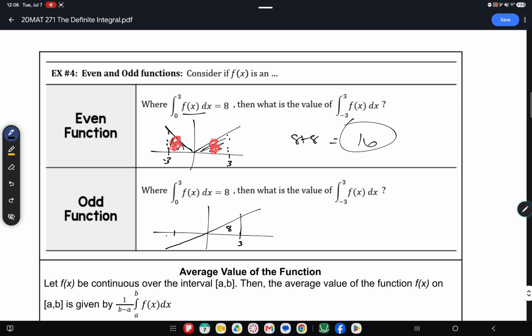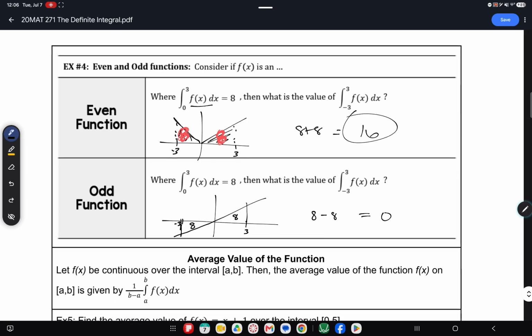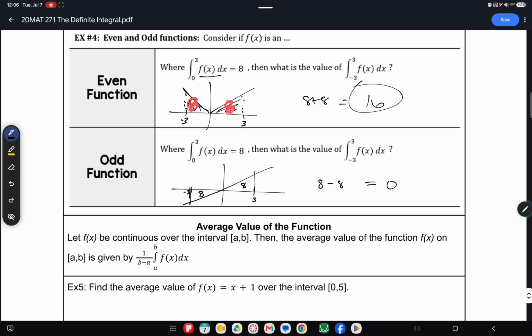And if I go the same distance this way, to -3, the area is still going to be the same, but this time it's not positive because we have a symmetry with respect to the origin. So we have 8 minus 8. That's going to give me 0. So that's a kind of cool little feature there.